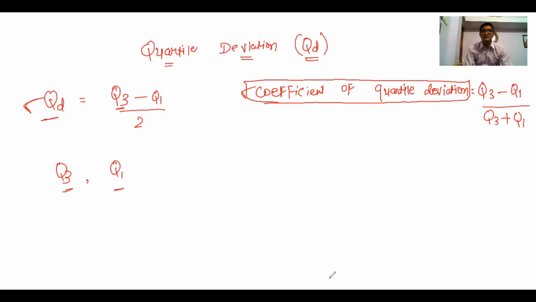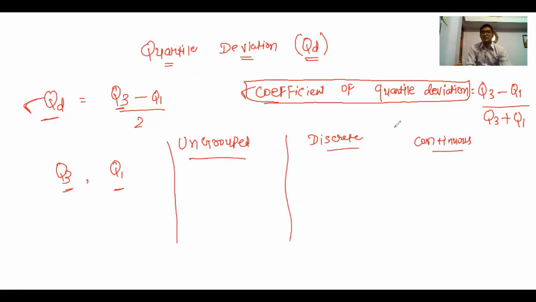We have already completed the quartiles topic, where if it is ungrouped data, then there is a separate formula. If it is discrete, then again there is a separate formula. And if it is continuous, then again there is a different formula. So in different topics, the Q3 and Q1 remain the same, but the formula changes. Here I am revising just in a few minutes.